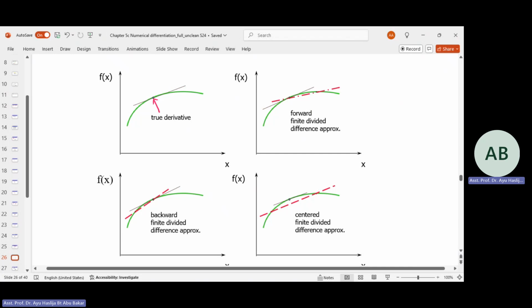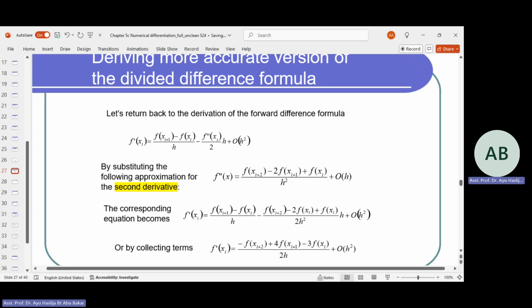Okay, then forward, you are 1 point ahead. Okay, this one. Backward, point backward. Centered is in between these 2 points. So your actual point is in the center. Okay, now that is the derivative, the difference.